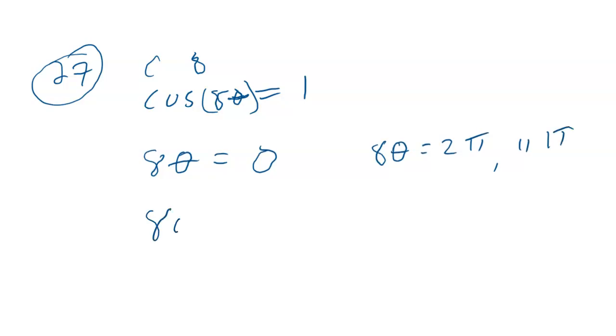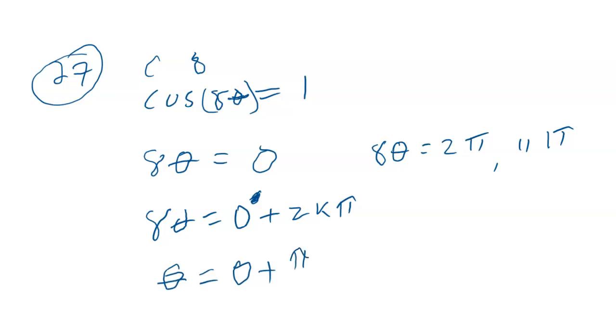So this is going to be 8 theta is equal to 0 radians plus 2k pi. And then I can solve for theta, so I get theta is equal to 0 plus pi over 4 k. Yeah, I like that, pi over 4 k. Looks good. This is 27. I'm just checking my answer. Okay, I'll take it. That's not bad. It's not terrible.